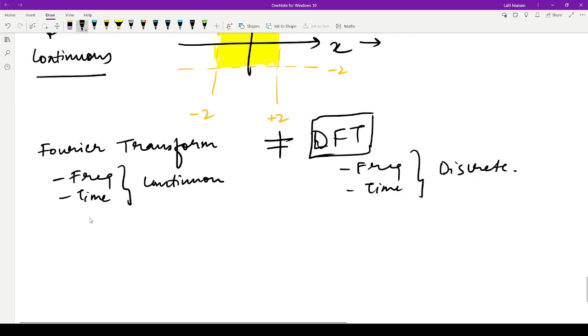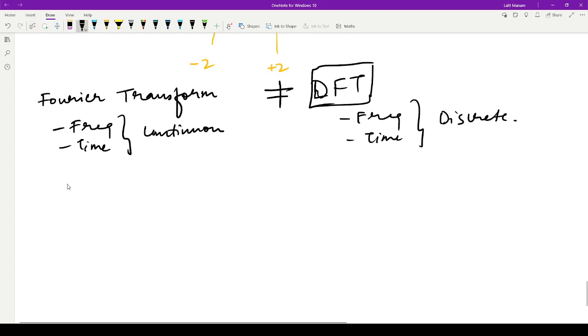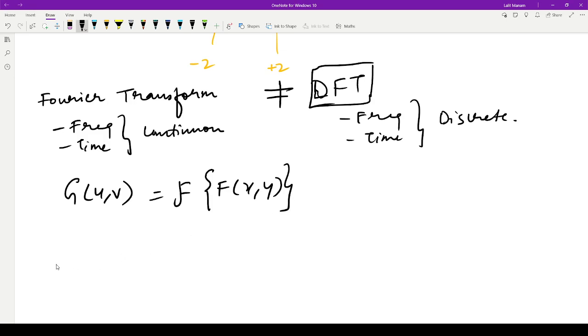So let's write the formula. What is the Fourier transform formula? Maybe I'll write g of u comma v is equal to the Fourier transform of f of x y. What is the general formula? The continuous time Fourier transform: minus infinity to infinity, f of x y, e to the power minus j 2 pi (u x plus v y).